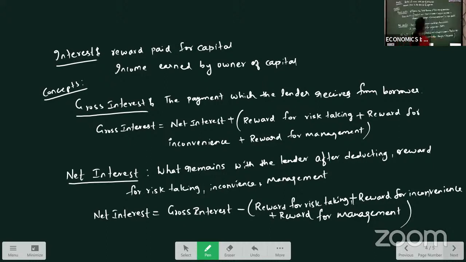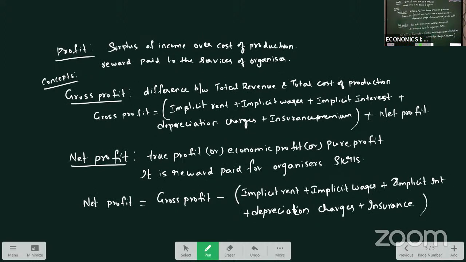Last concept, you have profit. Profit is the surplus of income over cost of production. It is the reward which is paid for the services of the organizer. Two concepts are gross profit and net profit.